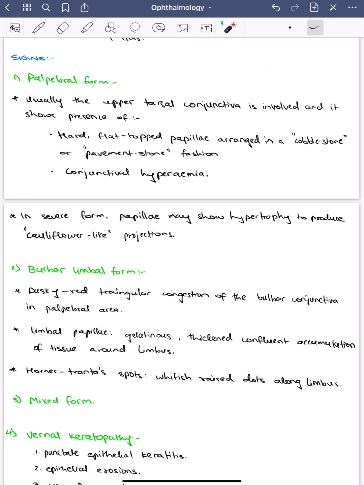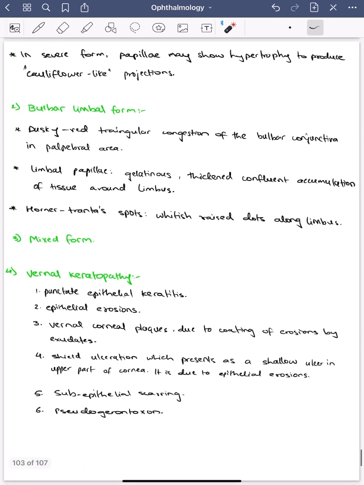Second is the bulbar limbal form, which predominantly affects the bulbar conjunctiva. Here there is presence of dusky red triangular congestion of the bulbar conjunctiva in the palpebral area. Second is the presence of limbal papillae, a gelatinous, thick and confluent accumulation of tissues around the limbus.